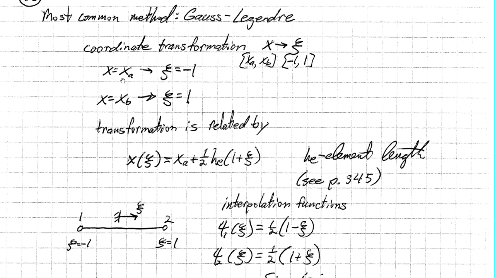Here we have x_a, where ξ is -1, and at x_b, ξ is 1. To do this transformation, you simply write your true coordinates in terms of the normalized ξ coordinates, and here's that relation. You can check this: you plug in plus or minus 1 for ξ, you'll find this is either xa or xb, where h_e is the element length.